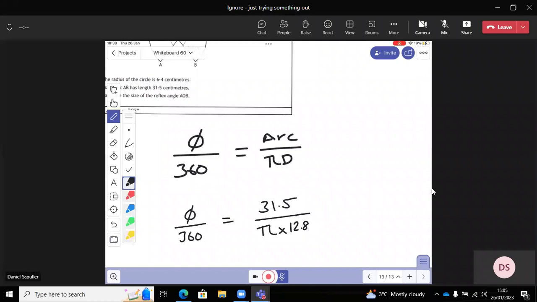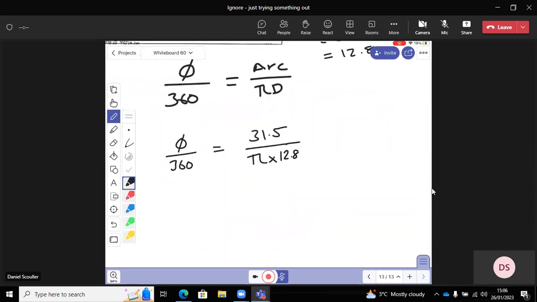But it might just be a way to remind you, just write diameter equals 2 times radius. 2 times 6.4, diameter equals 12.8 centimeters. So just write it in the side. It takes 2 seconds to do. If you do too much in your head during the exam, you sometimes miss a wee step. So just make sure.